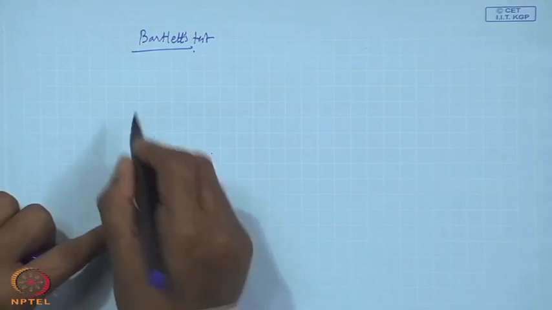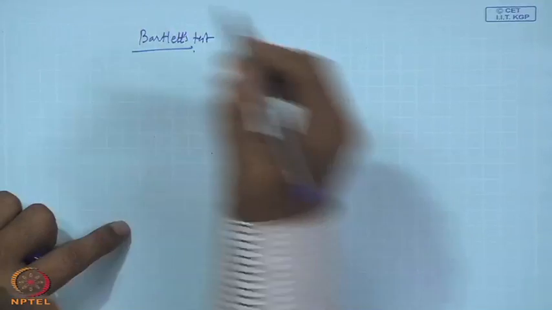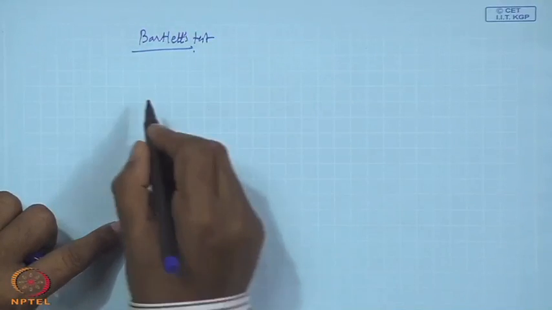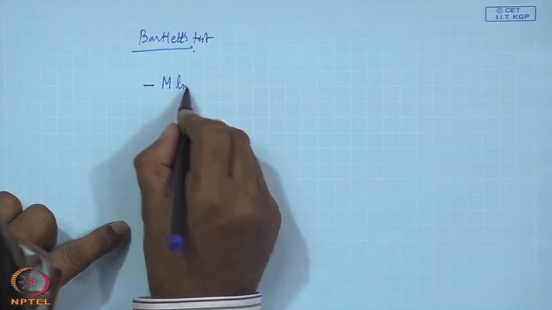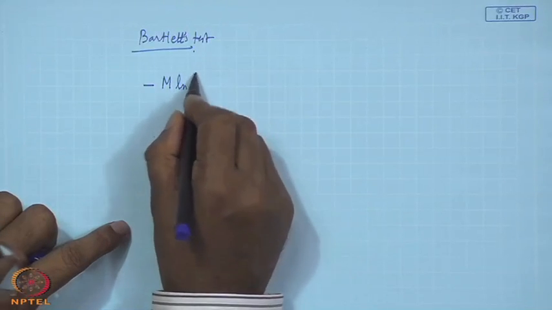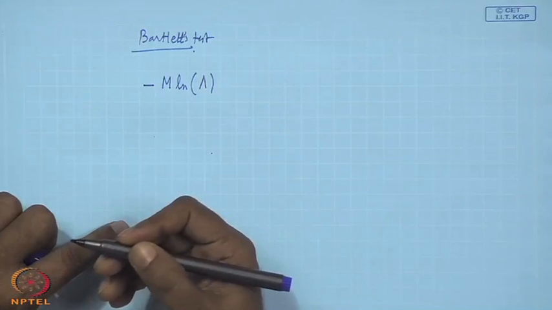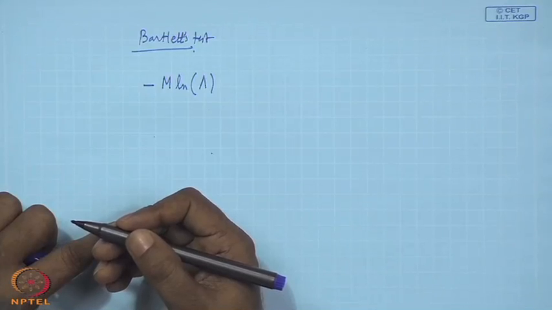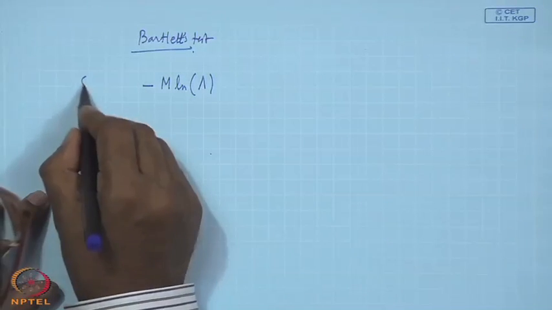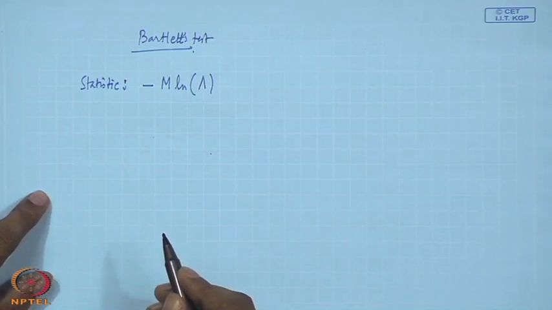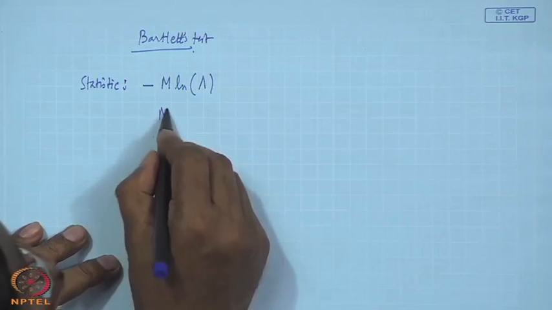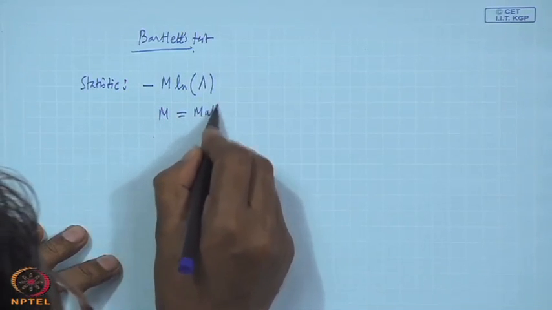that you create one statistic which is minus m log base e lambda, log of lambda. This is one statistic created where m is the multiplier.